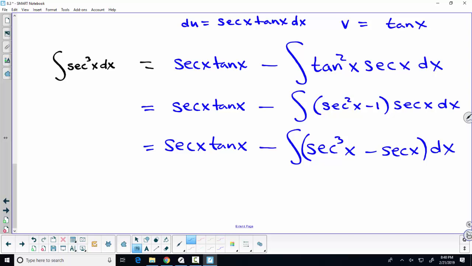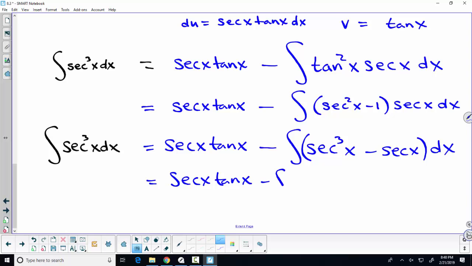Yeah, because this is kind of like that e to the x cosine x antiderivative. We've got now a secant cubed here, and secant cubed was our original antiderivative. Just make sure you're keeping track of these signs. Yeah, so this is minus the integral of secant cubed dx.